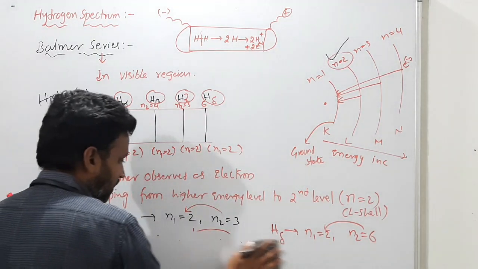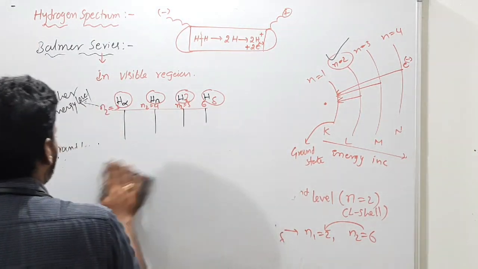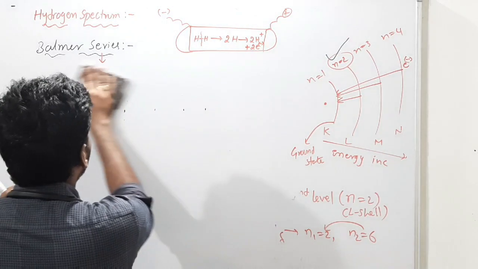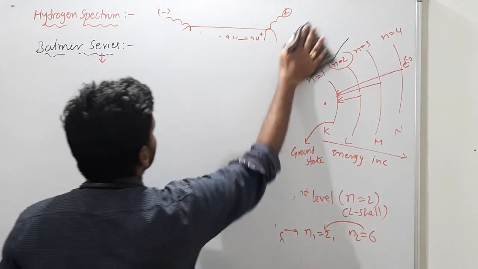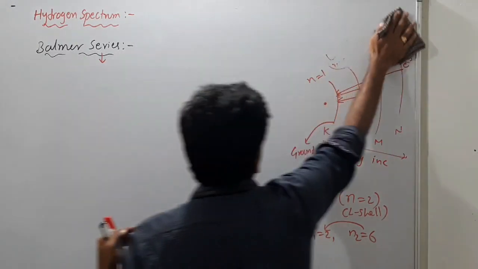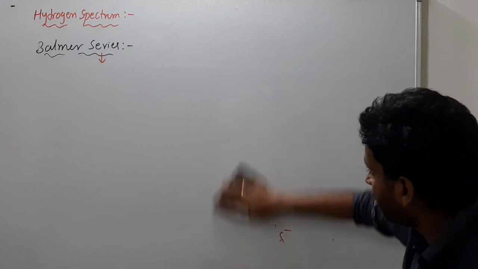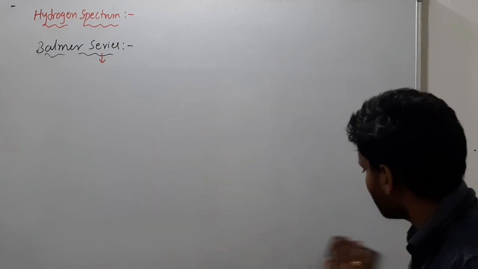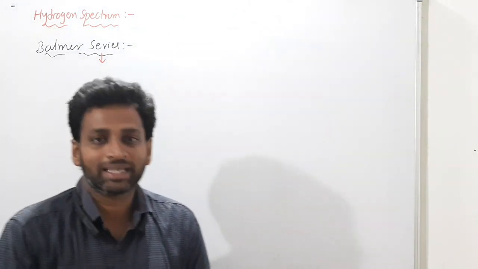Next, we have to discuss what Balmer gave. In the Balmer series, we discussed the ground level and the higher level. Now we have to discuss how to calculate the wavelength, wave number, frequency and energy of our spectral lines.